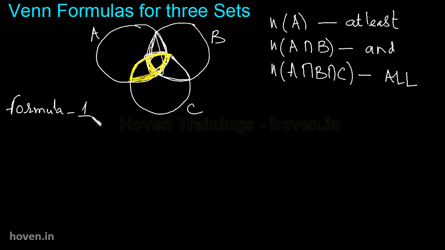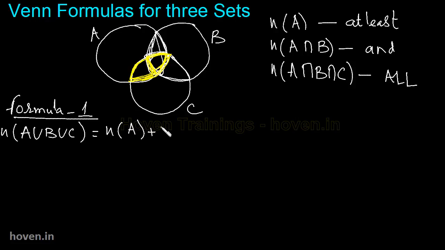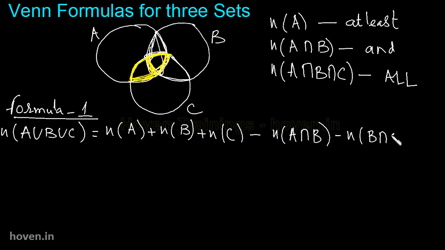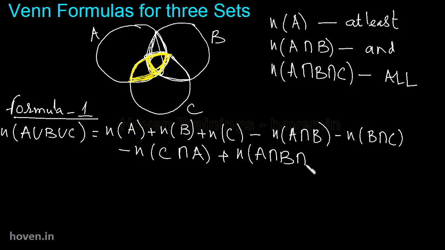Formula 1 says that the number of elements in A union B union C, that is this whole entirety, is equal to NA plus NB plus NC, then minus NA intersection B, minus NB intersection C, minus NC intersection A, and plus NA intersection B intersection C.